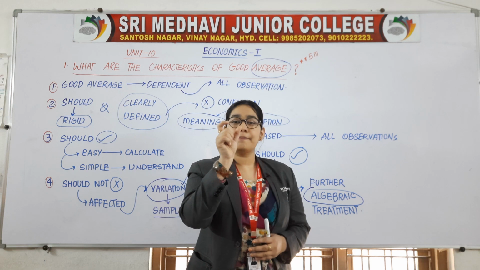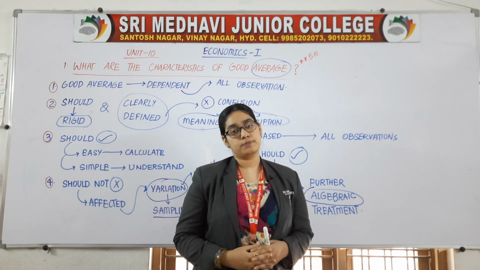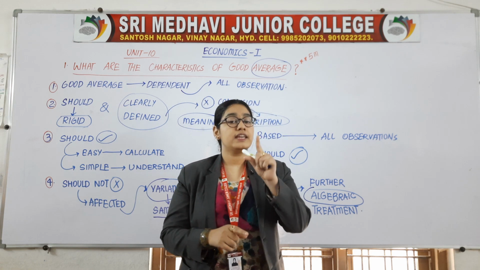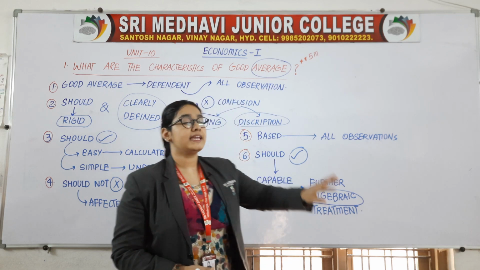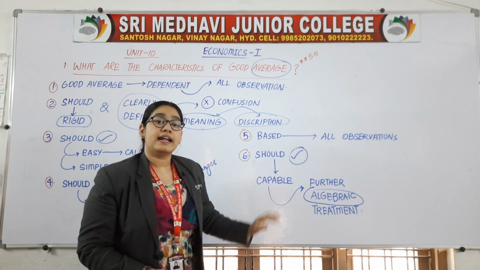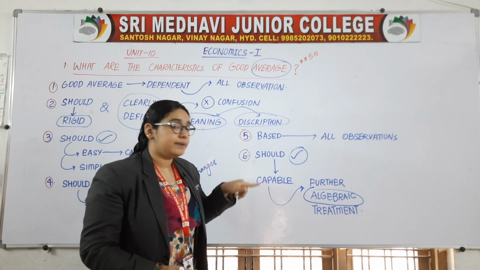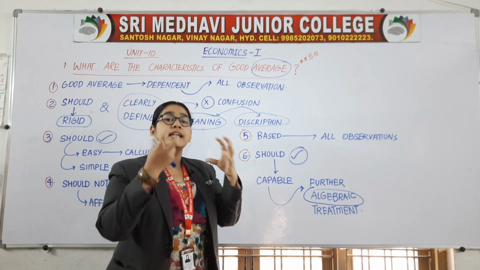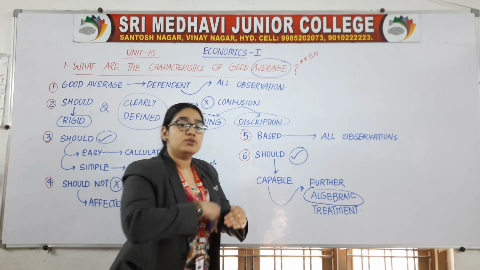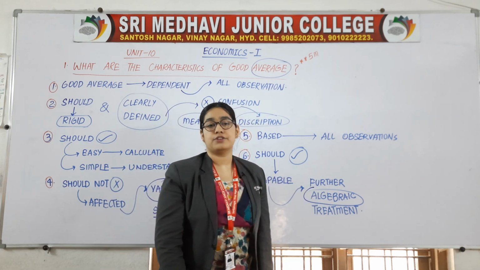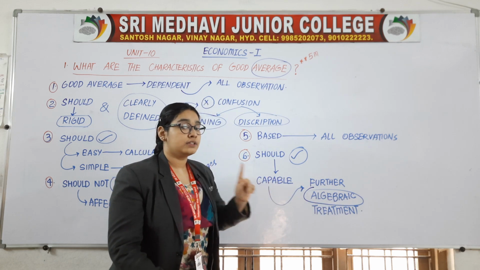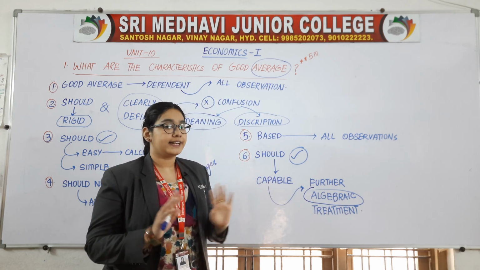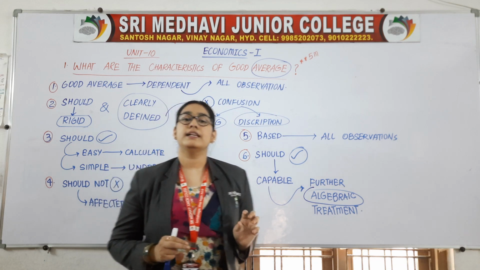So with the first step wrong, the final answer will also be wrong. The same way here in statistics, the first step will be the average, and that should have the capacity to be used in further algebraic treatment. If it is right, then you can use it. If it is wrong, then you cannot use it. Clear? Very, very simple topic.